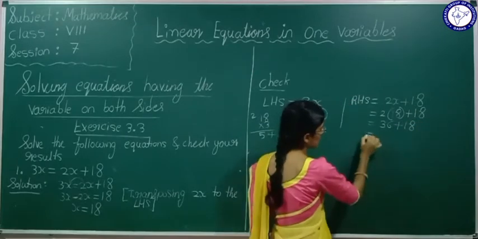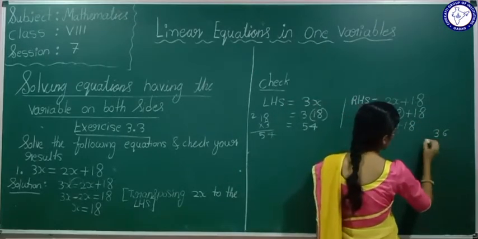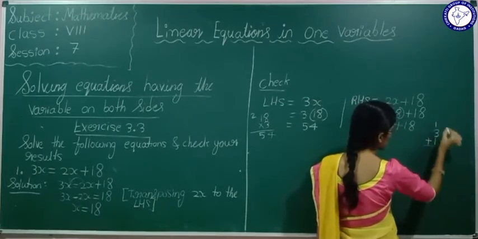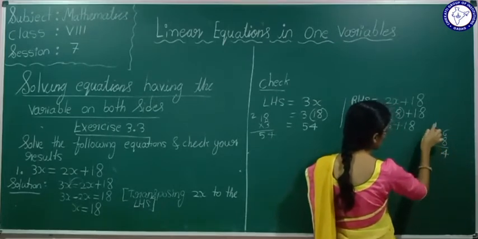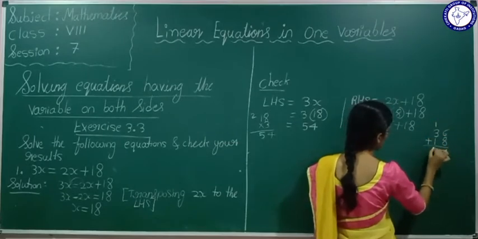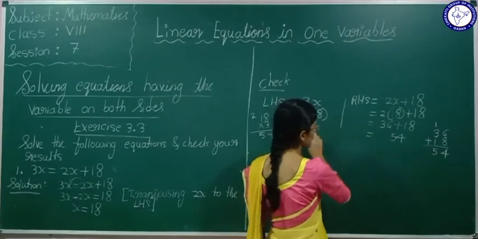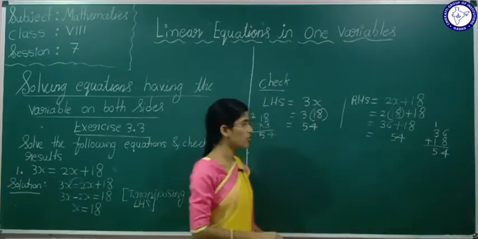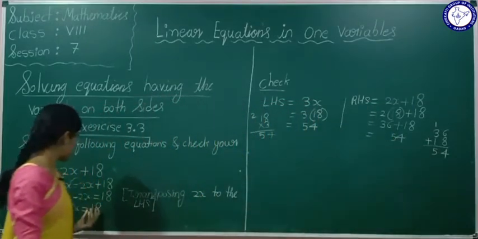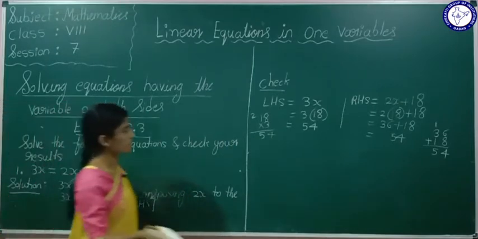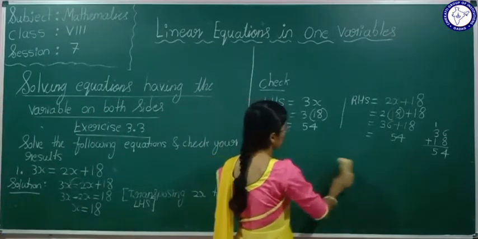What is 36 plus 18? 6 plus 8 is 14, 3 plus 1 is 4, 4 plus 1 is 5. 54. Are both values the same? Yes. Therefore, whatever we have done is correct. In the similar way, we will solve the next problems.